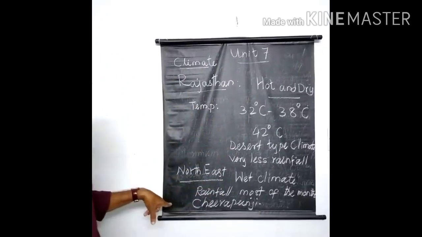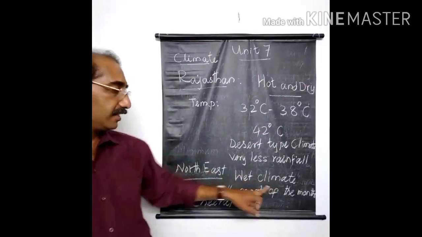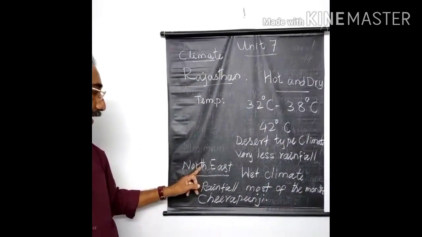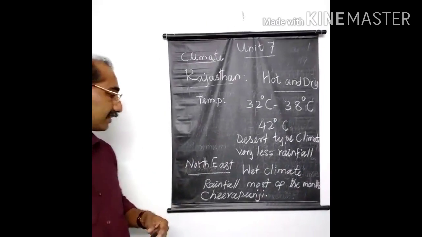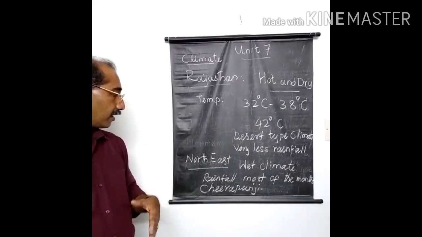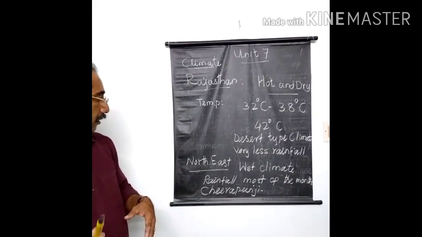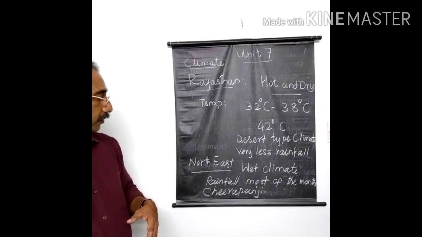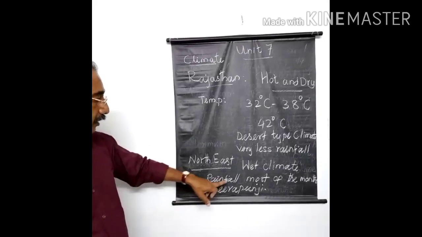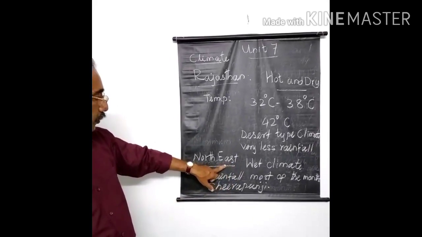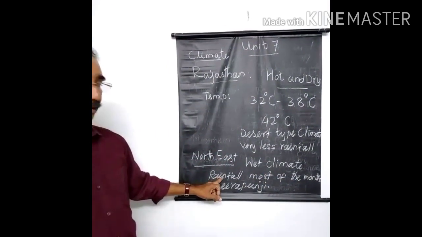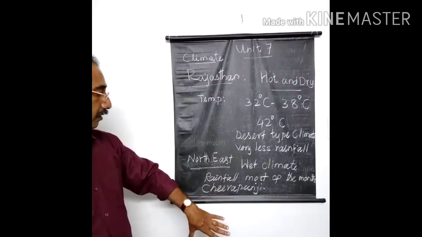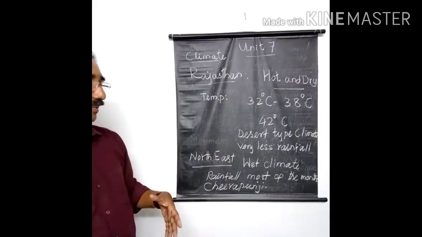And another type of climate, wet climate, is prevailing in northeast India. Northeast India comprises 7 small states: Assam, Meghalaya, Tripura, Mizoram, Arunachal Pradesh, etc. Here, most of the months these states get rainfall, but not as heavy as we get in Kerala.